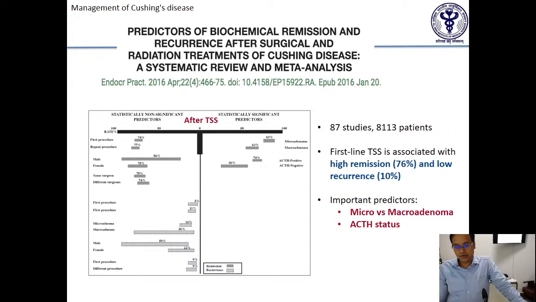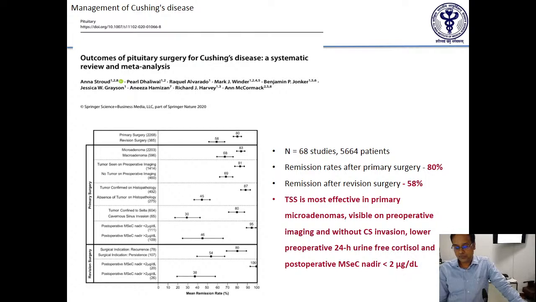So there are lots of studies published in the literature to find what are the factors that affect the outcome. The main important factors found are the microadenoma, which gives a better result. And if the ACTH positivity is there, it gives a better result. If MRI positivity is found preoperatively, then it gives a better result. And endoscopic surgery is a much better predictor than microscopic surgery.